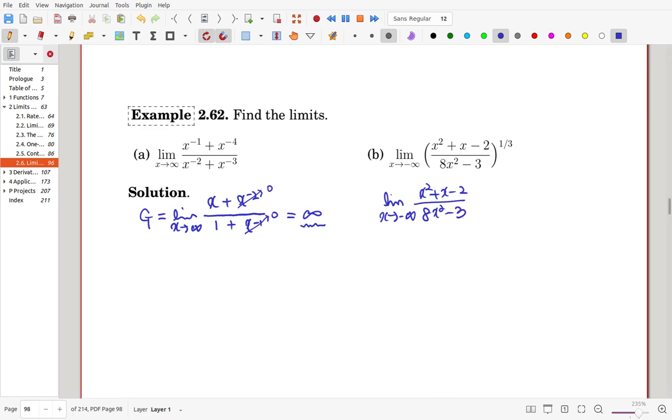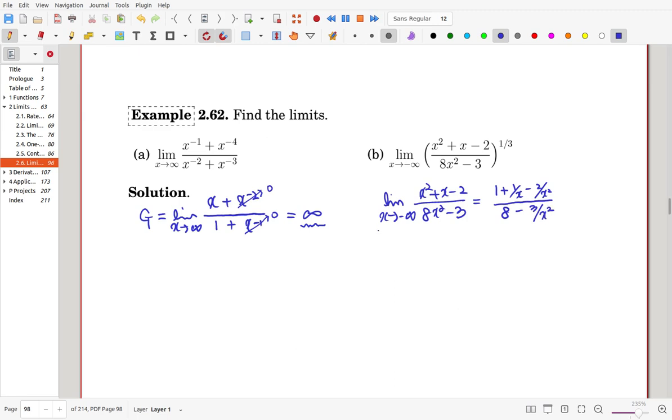Again, the largest power in the bottom is x squared, so you can divide top and bottom by x squared. Then that is (1 plus 1 over x minus 2 over x squared) divided by (8 minus 3 over x squared).